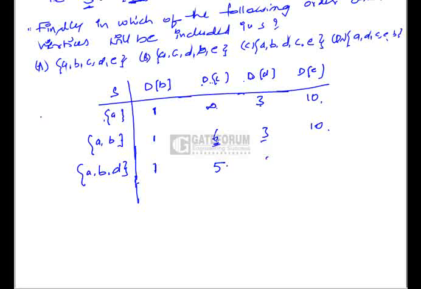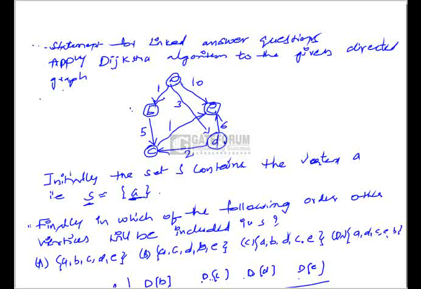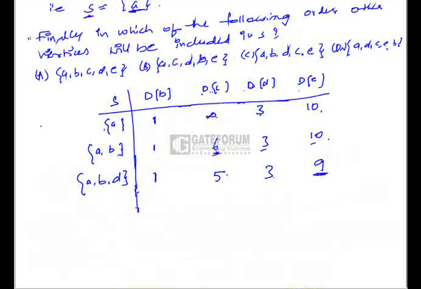So this would be same, and this would be 9. Why 9? The reason for 9 here is because we can reach vertex E from A through A to D and D to E. So the total distance would be 3 plus 6, 9, which is smaller than the earlier one. So we will replace 10 by 9.